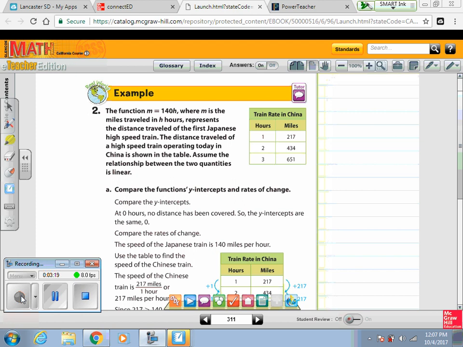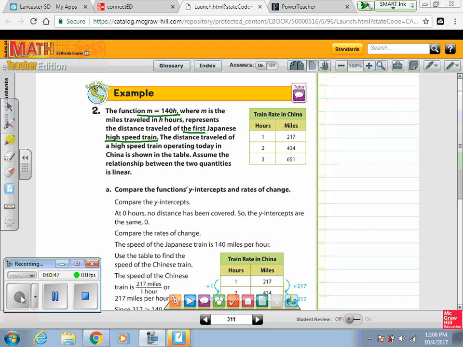Here we have a function of m is equal to 140h. So the miles that a high-speed train, an older one in the past, goes was 140 miles per hour. Okay? Then they give, this is in the words, 140 miles per hour represents the distance traveled on the first high-speed train.